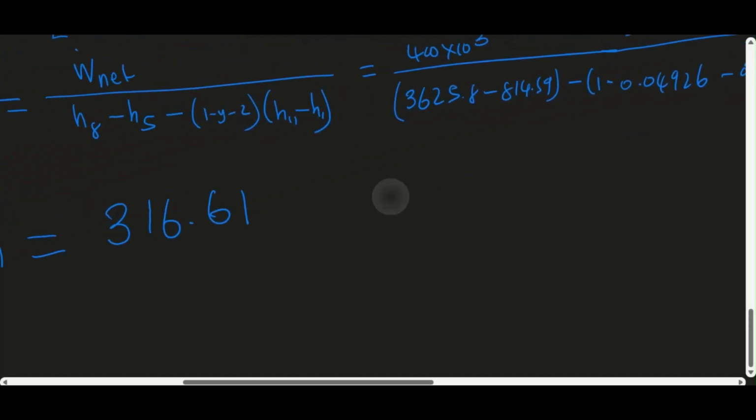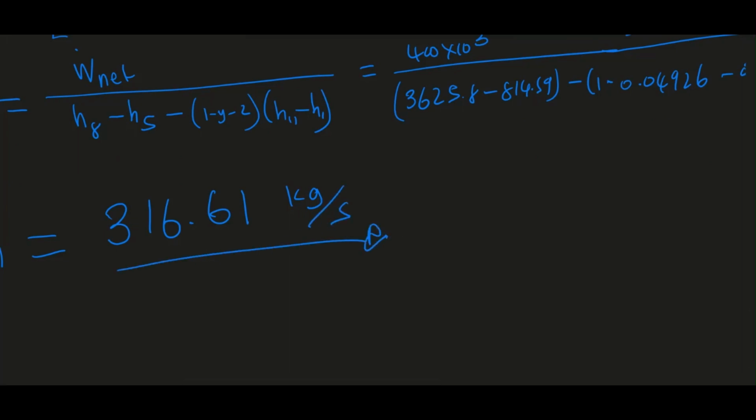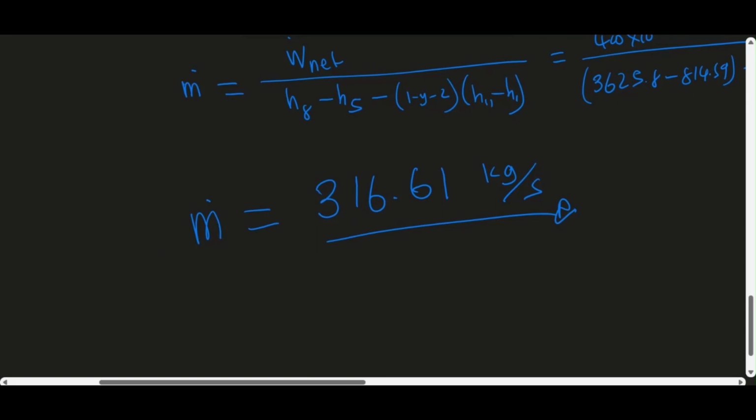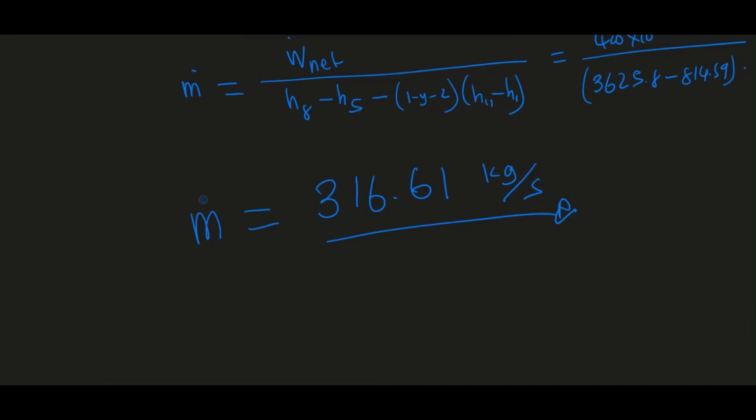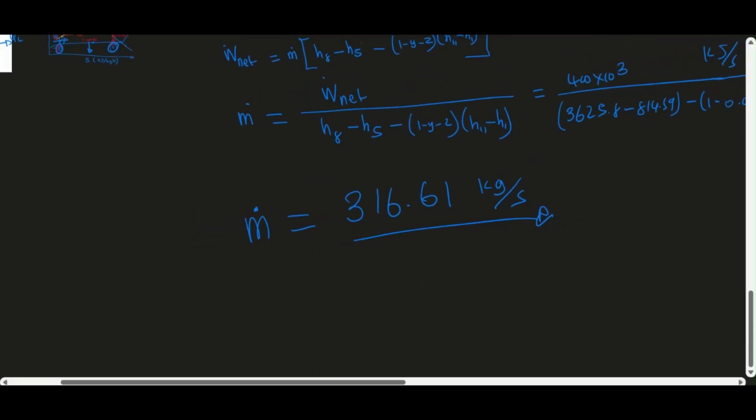So my units are kilograms per second. That's the mass flow rate, the amount of mass flowing per unit of time.